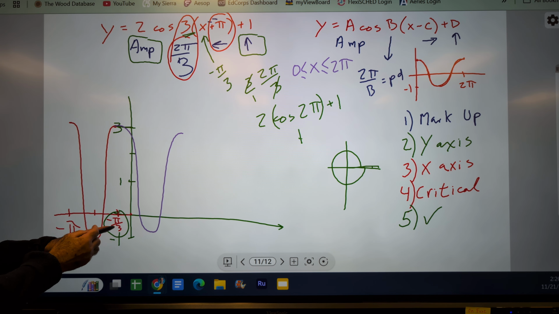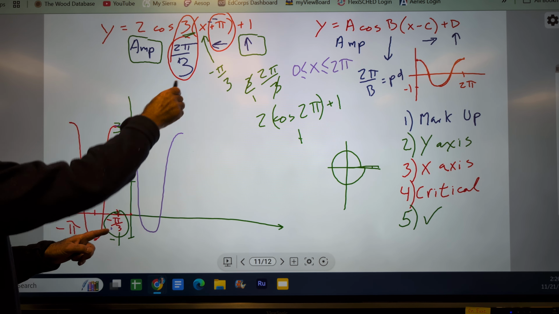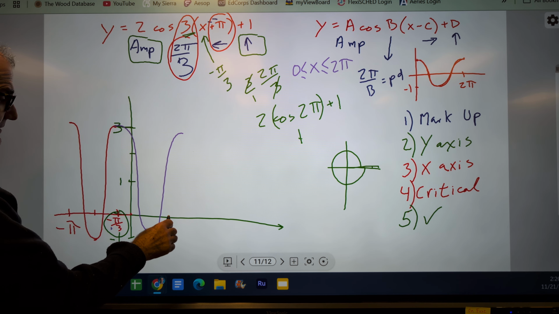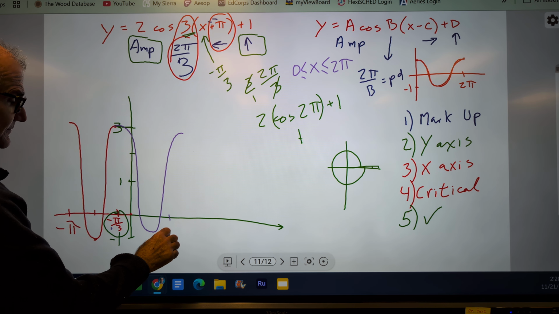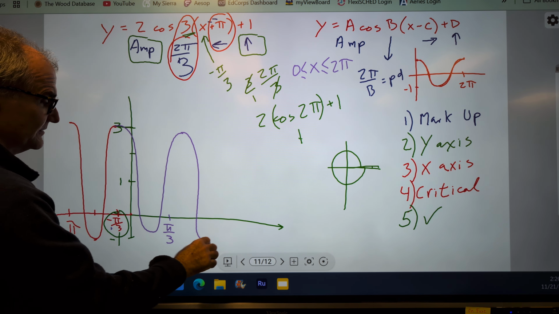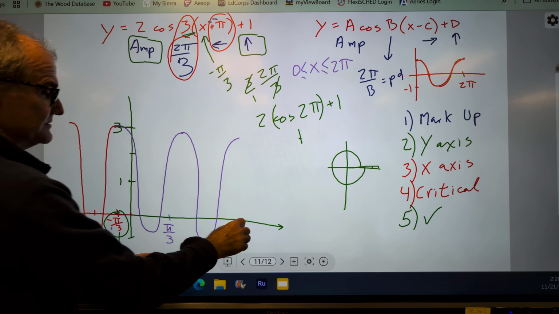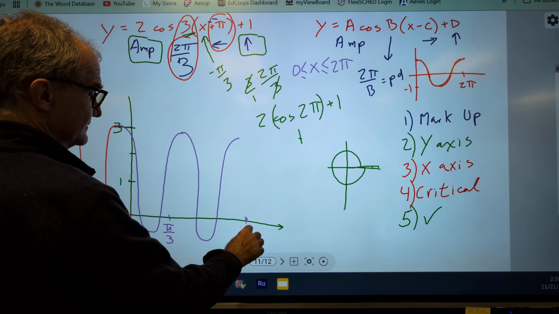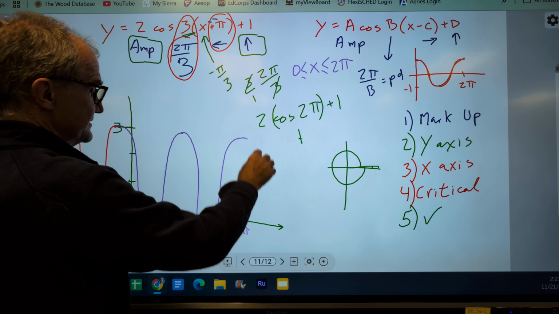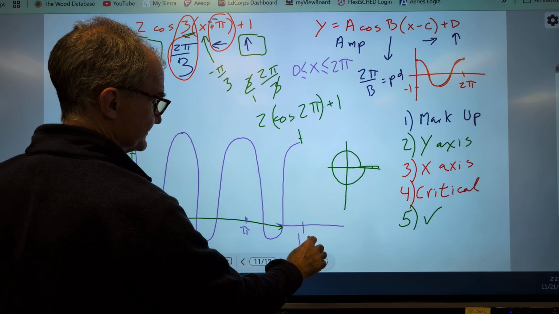I'm going to go negative pi over 3 plus 2 pi over 3, which will put me at 1 pi over 3, plus another cycle. So 1/3 plus 2/3 is 1. 1 plus 2/3 is 1 2/3 pi.